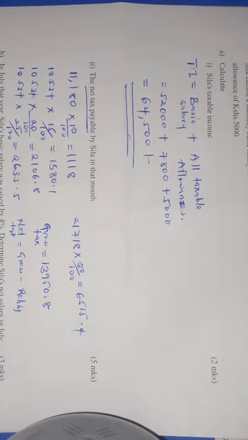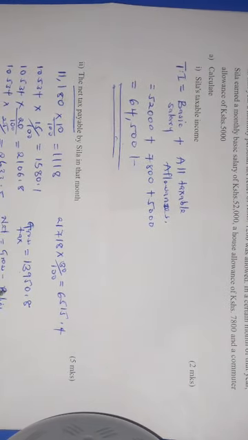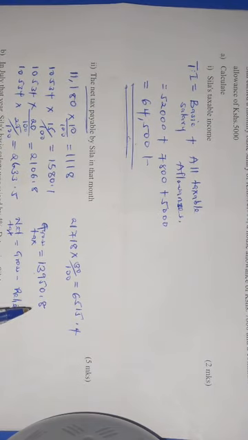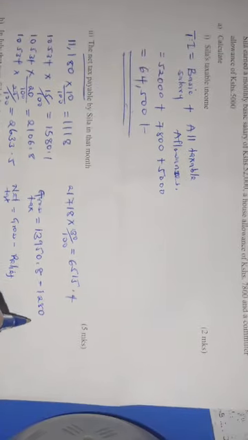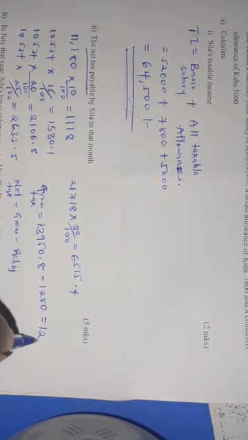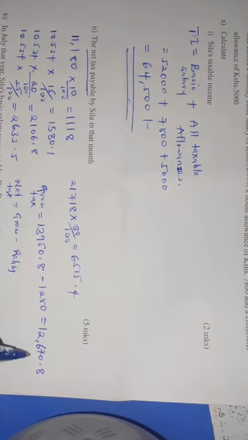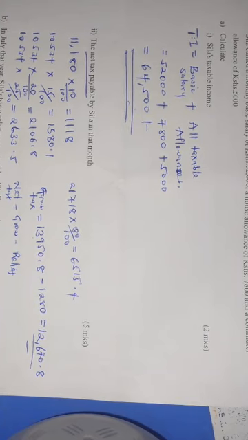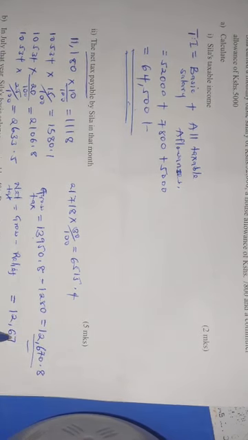Now when you take the gross tax, which is 13,950.8, and subtract the relief, which is 1,280, I'm getting 12,670.8. So our man has a net tax payable for that month of 12,670.8 shillings.